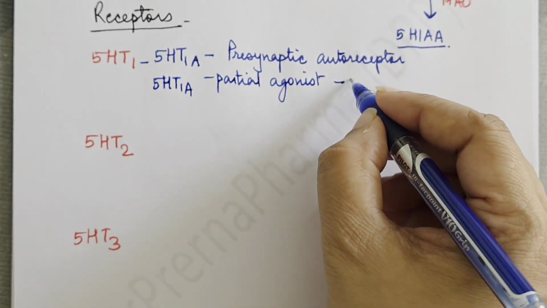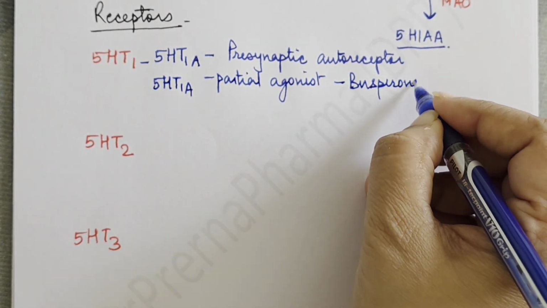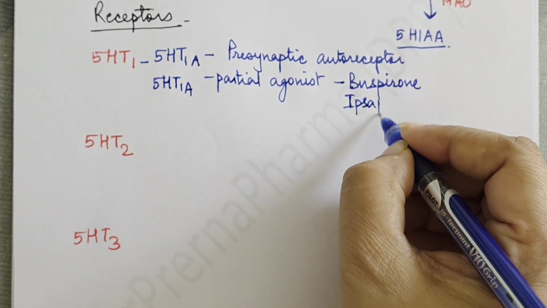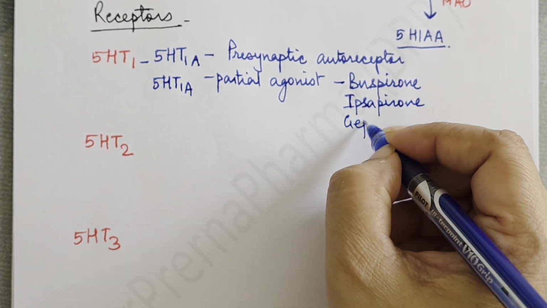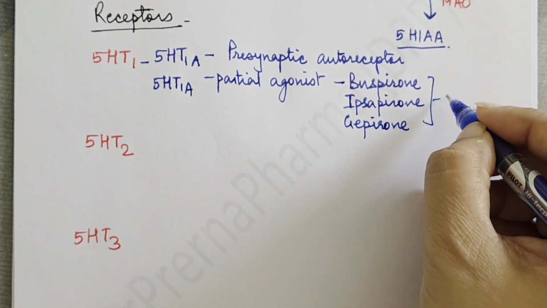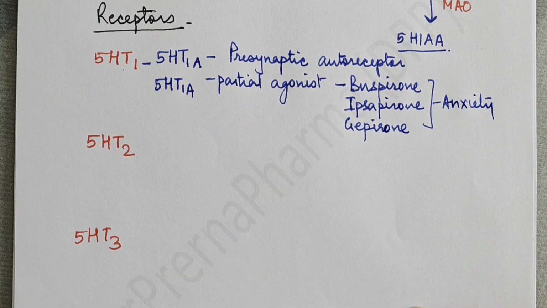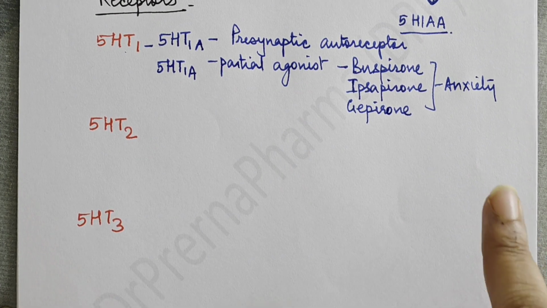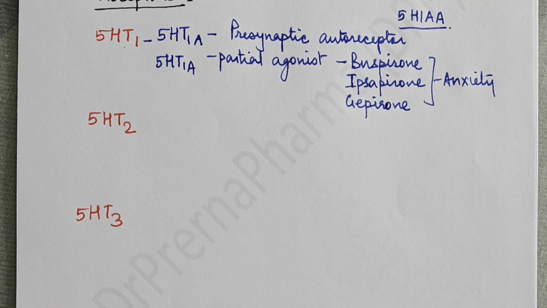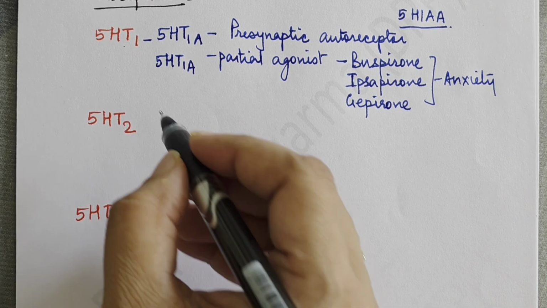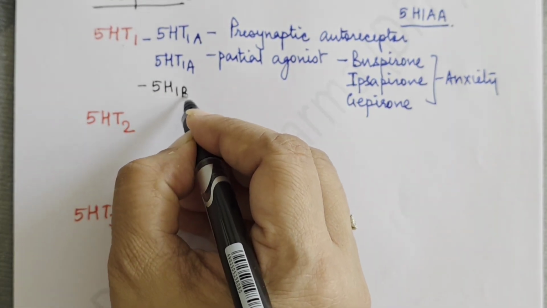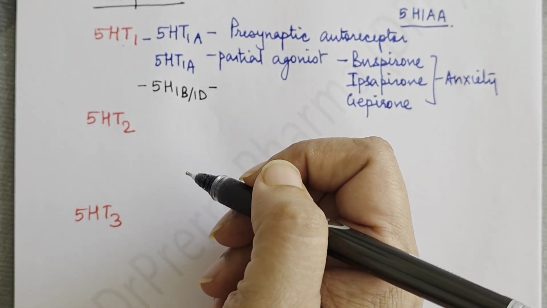Partial agonists of 5-HT1A are buspirone, ipsapirone and gepirone, and these are used in anxiety, because the 5-HT1 receptor is present in the raphe cells of the brain, where it plays a role in anxiety. Next we have 5-HT1B/1D.